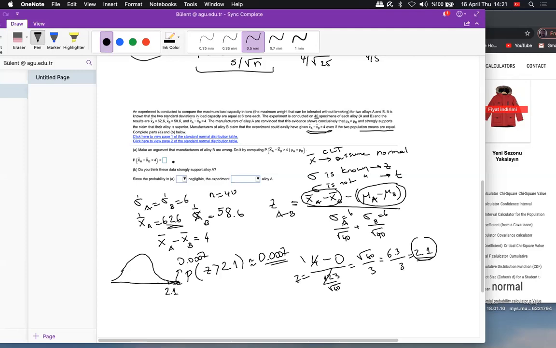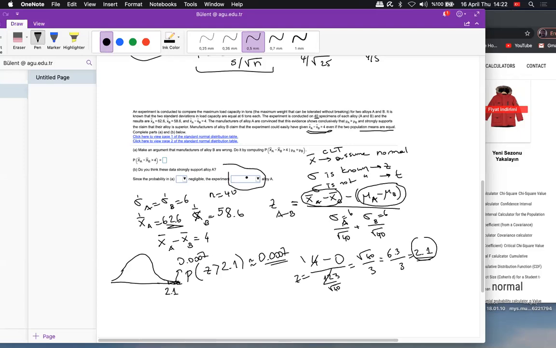So what would we say? Close to 0.007. Do you think the data support alloy A? Yes, the data supports alloy A. Since the probability in A is negligible, the experiment supports alloy A. I don't remember what was written here. What was written here, arkadaşlar? Probability in A is negligible.